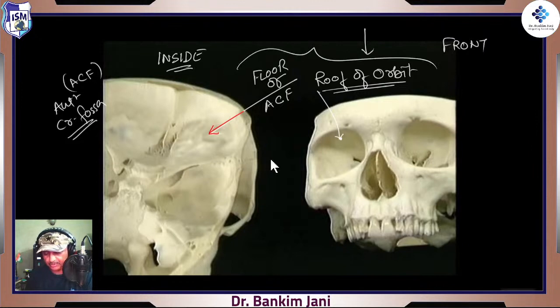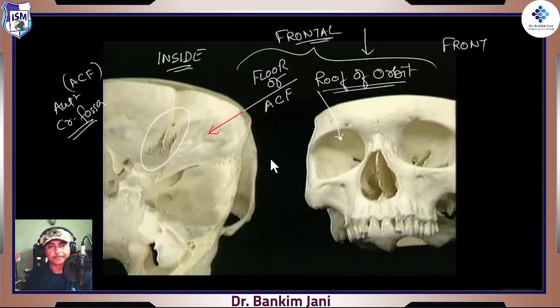Whether it is this or that, the bone is the frontal bone. So the frontal bone is so big. This frontal bone is forming the floor of the anterior cranial fossa and it is forming the roof of the orbit. And if you cut, then obviously that is the anterior cranial fossa, right? So this is clear? Okay.